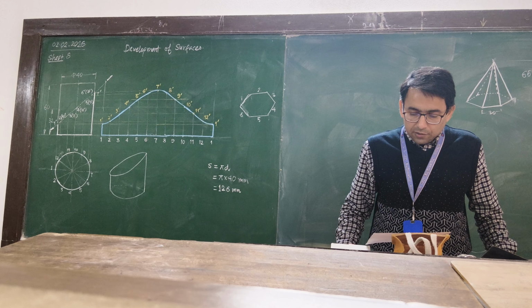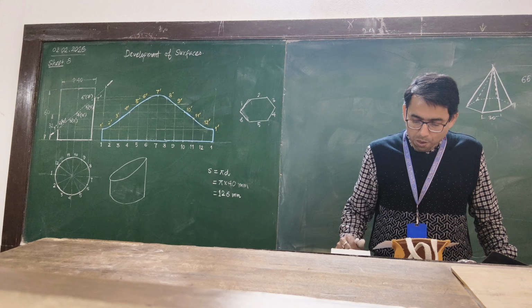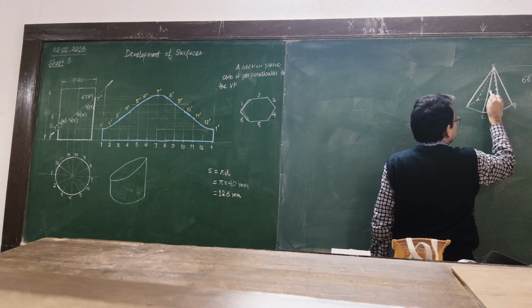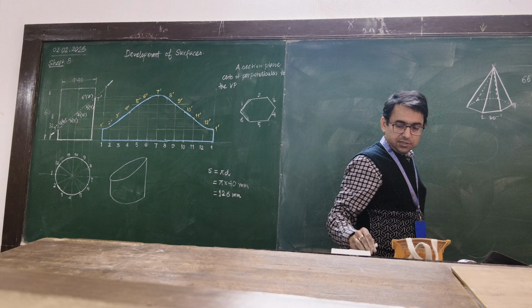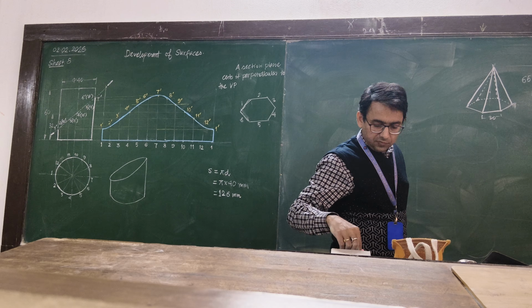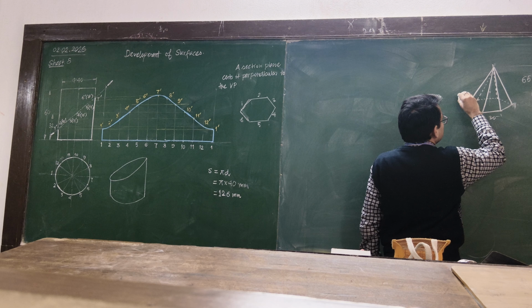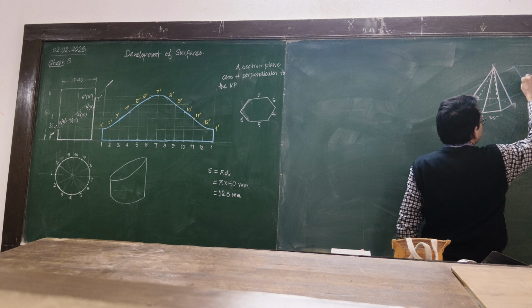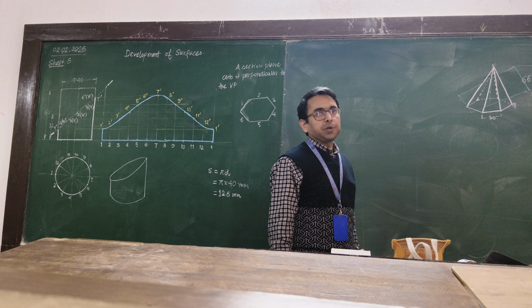Parallel to the VP and 45 degree to the HP, right, and there is a section plane which is like this. Section plane is like this, which is 45 degree with the horizontal and perpendicular to the VP. It is like this. It is cutting the hexagonal pyramid.